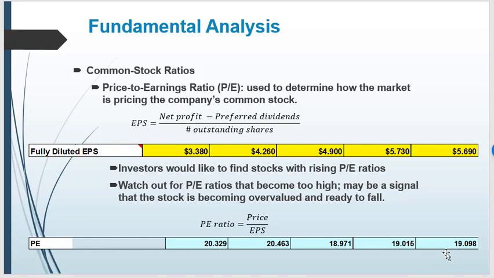Again, it's not dramatic. There's not a terribly big change here, but a decline basically tells us that owners have lost a little confidence in the company. That is, they're not willing to pay a high price to get the profits of the company itself.